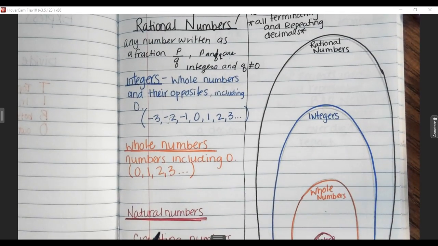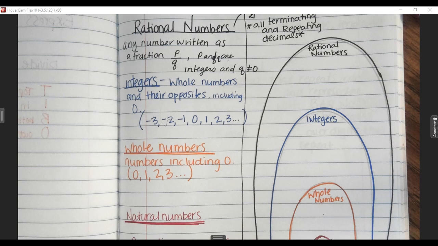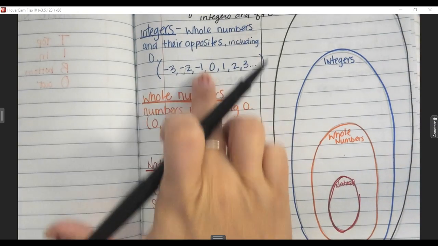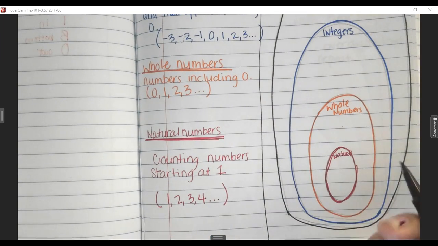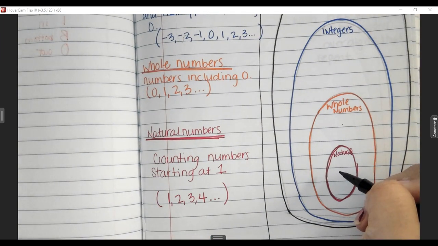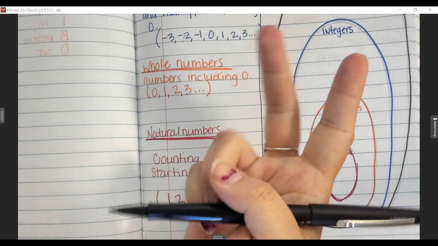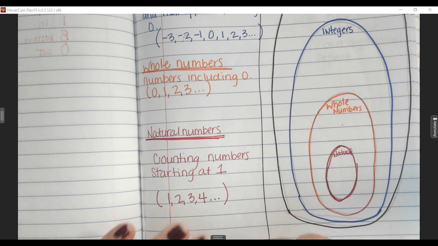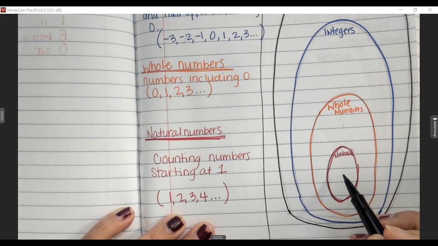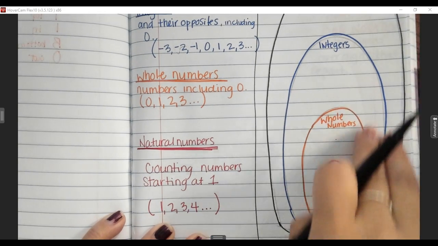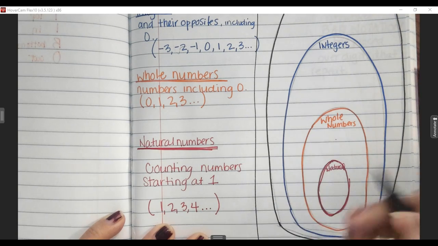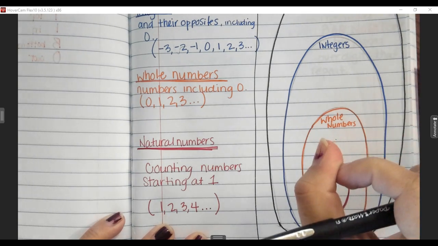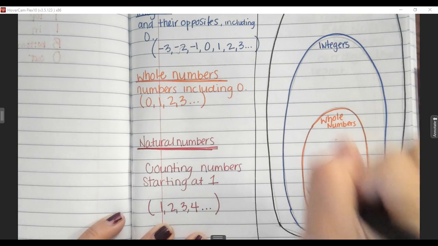Okay, so if I wanted to classify a number, let's say I chose -6. Based on these definitions here, can I include -6 in the natural numbers? I cannot, because natural numbers, again, are counting numbers that start at 1. So I can't put -6 in natural numbers. You can think of this as like an onion. If this is the middle core of the onion, it's going to include all of these other layers as well.